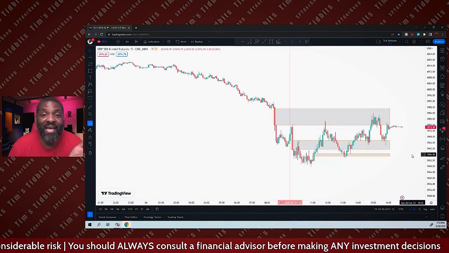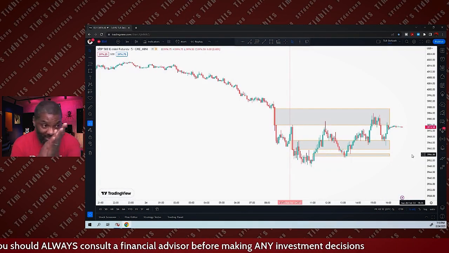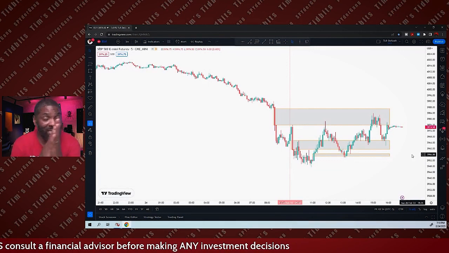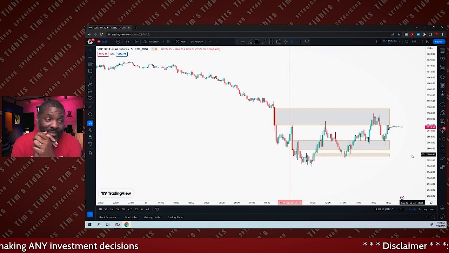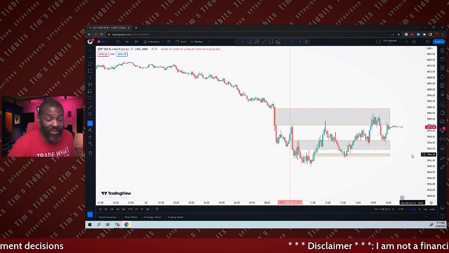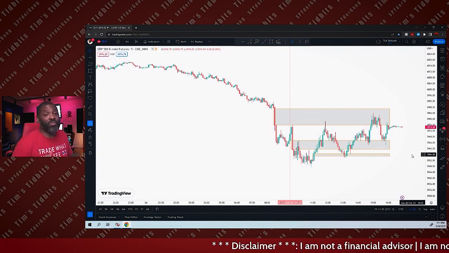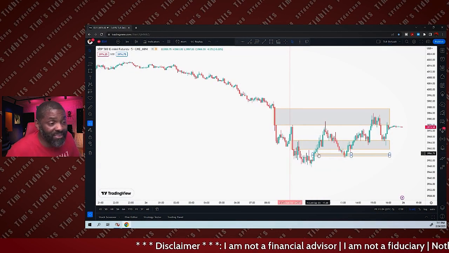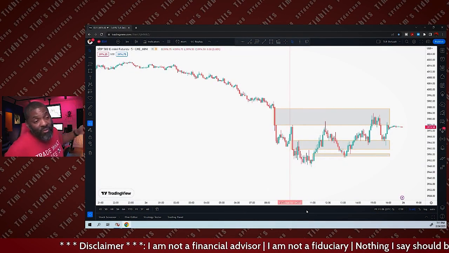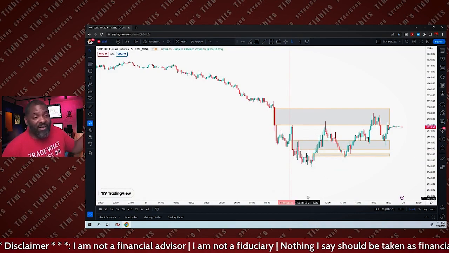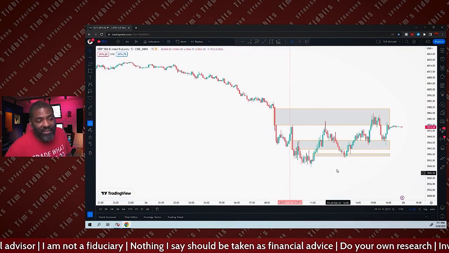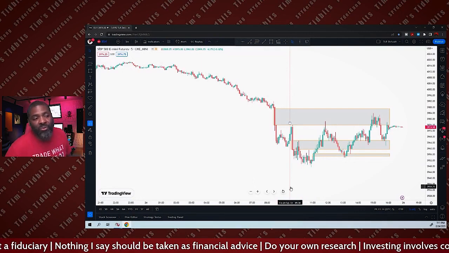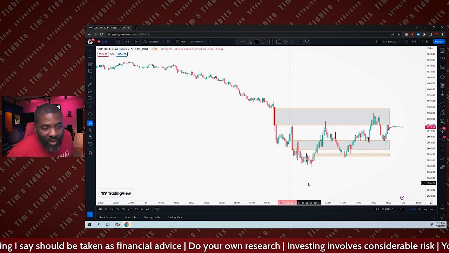That's when you start looking for your discount and your premium PD arrays, right? Now you see we got a pang out to the upside. What PD arrays are above us? That's when you start identifying your fair value gap above you, your fair value gap below you, your order block below you.